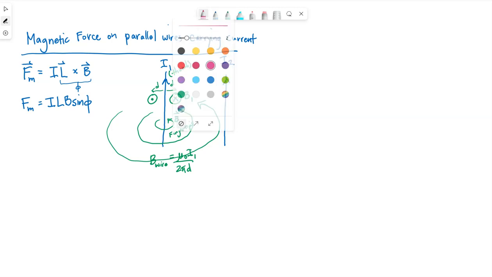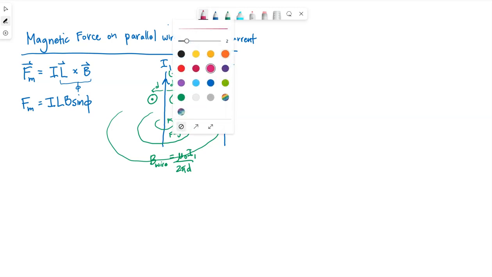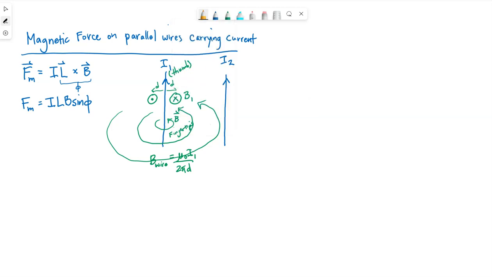Ultimately, what that means to us is that over here, in this region of space where wire 2 happens to be located, there is a magnetic field created by wire 1 that points into the screen. It would come out on the other side, out of the screen.